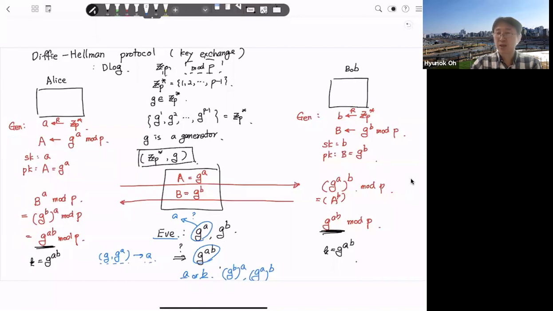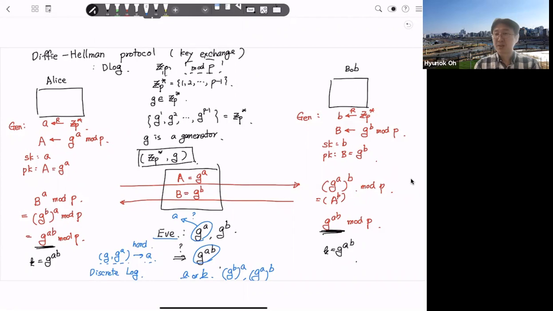G and G to the a are given, then computing the exponent part. This is hard, right? It's difficult. That problem is called the discrete log problem. So we already assume that discrete log is hard.